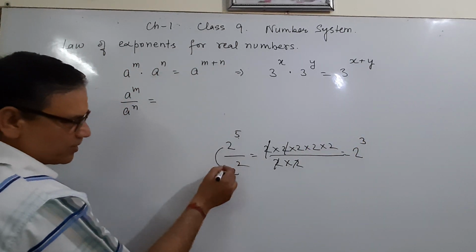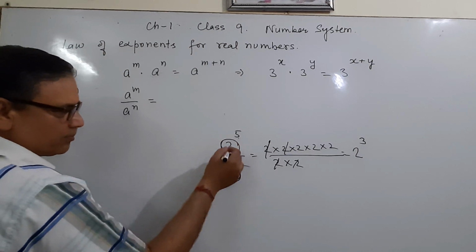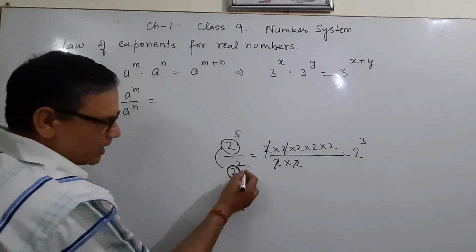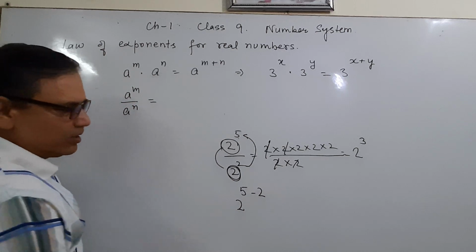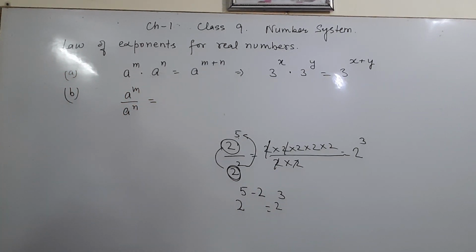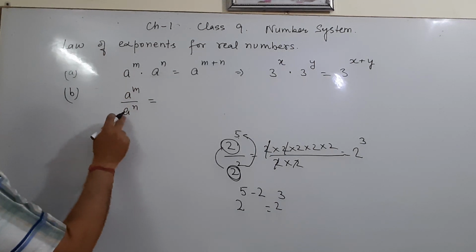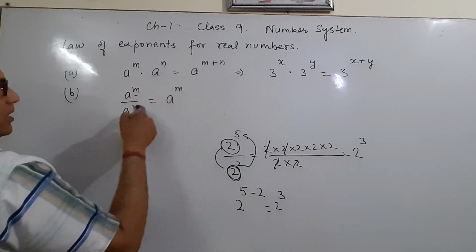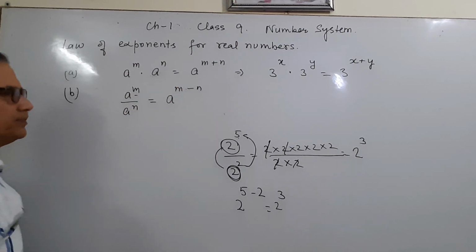Or we can do it by this method. If the base is the same, 2 power 5 upon 2 power 2, the power of the denominator goes upward and the sign will change, is equal to 2 power 3. And now we will apply the same here. a power m upon a power n. The answer will be a power m, and this n goes upward, minus n.